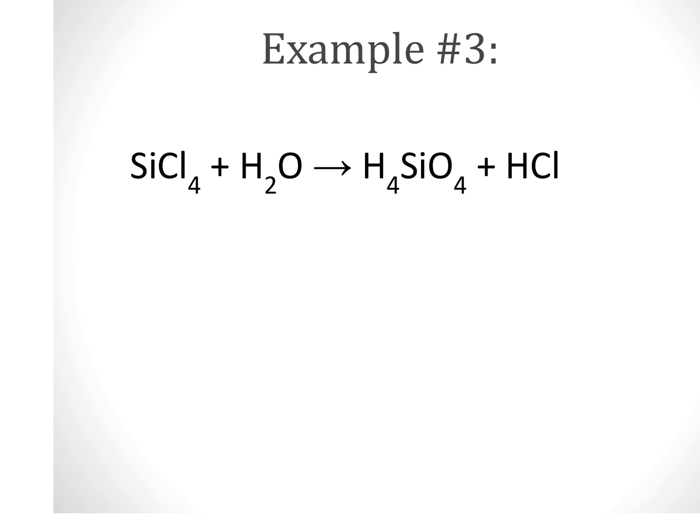So we have SiCl4 plus H2O gives us H4SiO4 plus HCl. Whew, whoa. This one's more, right? Okay, we're still just going to break it down by element. So what's the first element you see? Okay.